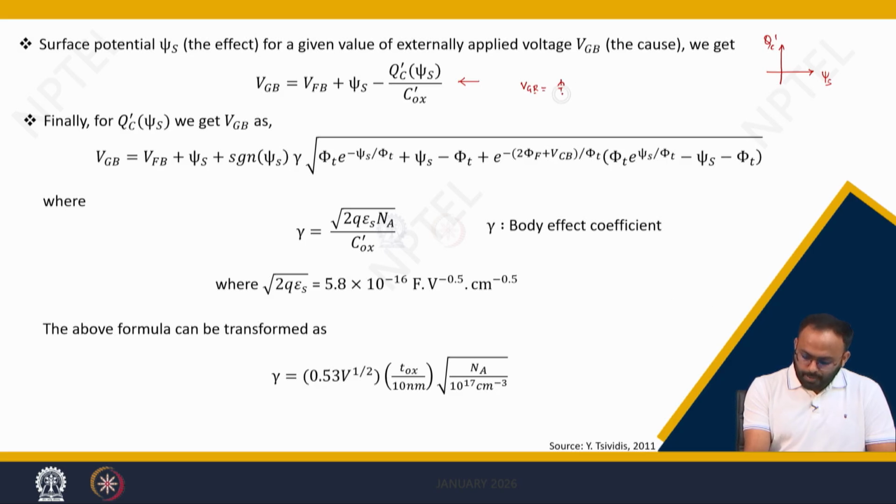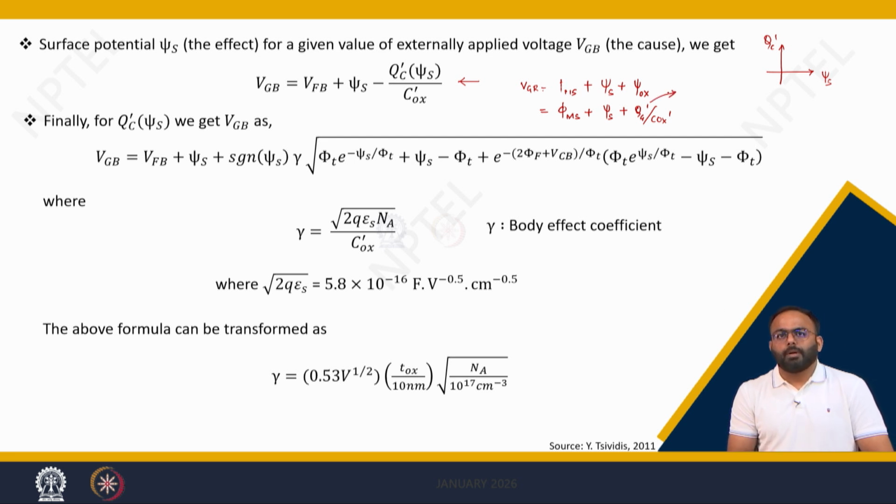which simply says that VGB is equal to phi ms plus psi s plus psi ox, where psi ox can be replaced in terms of gate charge as phi ms plus psi s plus Qg dash by Cox dash. Here the gate charge can be replaced by the oxide charge and the channel charge.